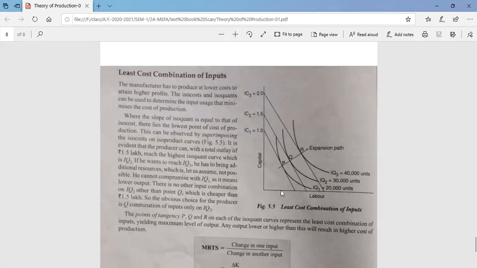If I draw a perpendicular line from P to the x-axis, that gives the correct value of the labor, and my cost is 1 lakh rupees. That number of labor is sufficient with a capital of 1 lakh rupees to get the best of 20,000 units. That is the concept of least cost combination of the inputs. Okay.